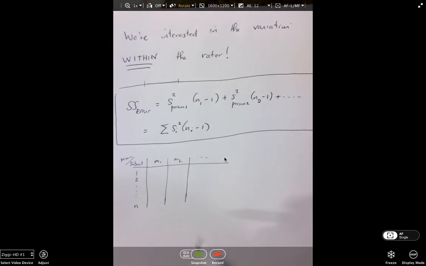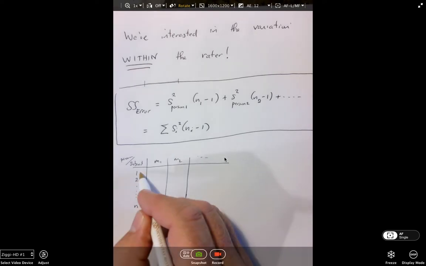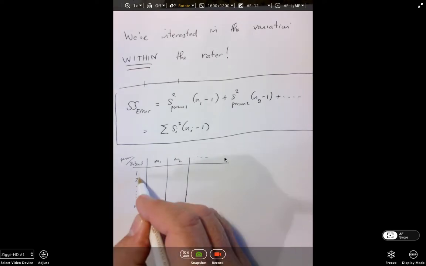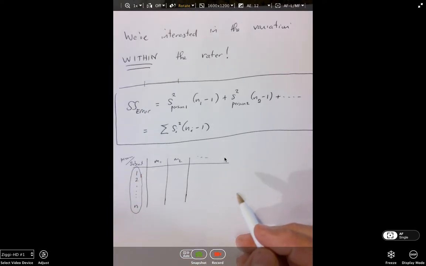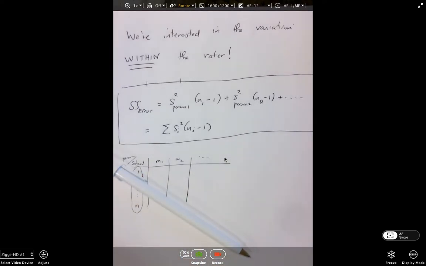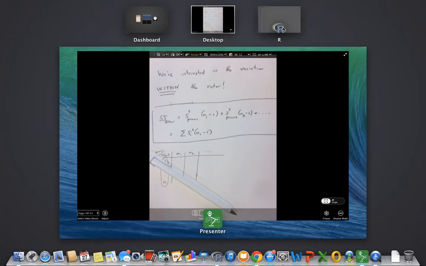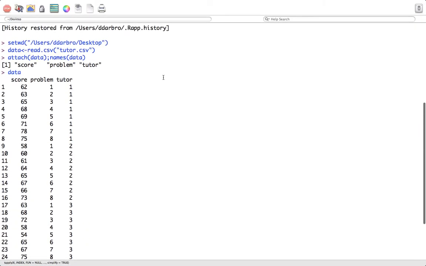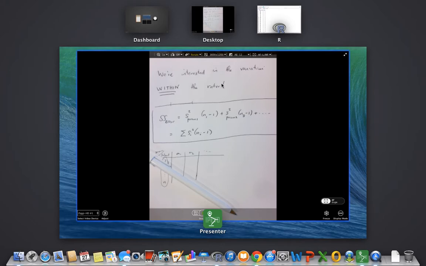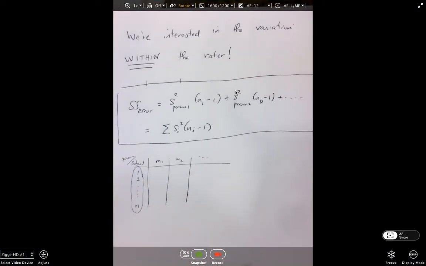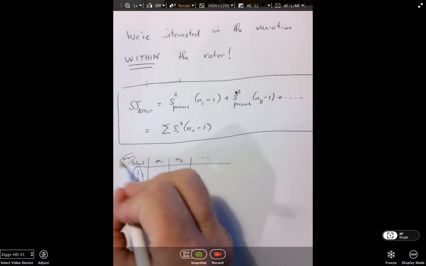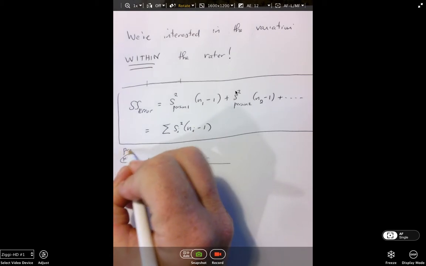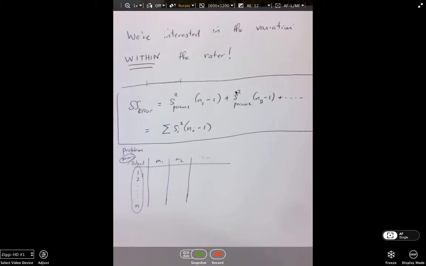I messed up here because what we're looking at is, in general, it's not the person. What we're looking at is actually, in this case, the problem. So in generic terms, where we use person here, we're looking at the variation over the problem and not the person.